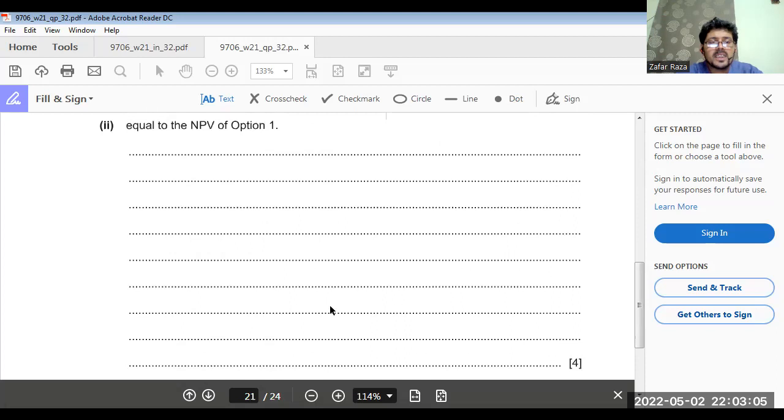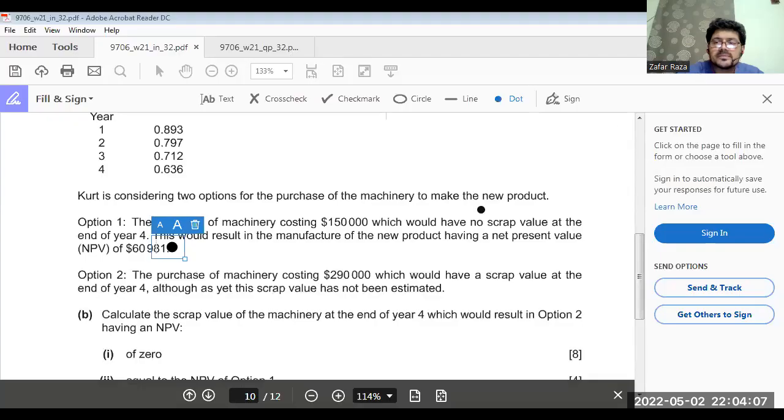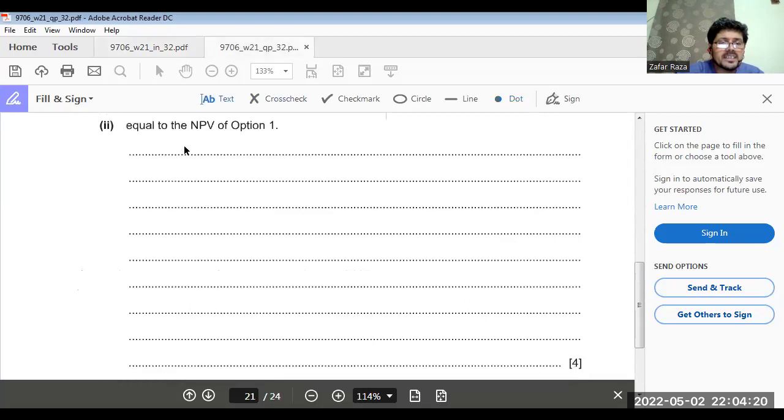Now move to equal to NPV of option 1. Okay, now this time what we need is NPV 60,981 from option 1. So what we have to do, this calculation is easy enough. That's why it has 4 marks.